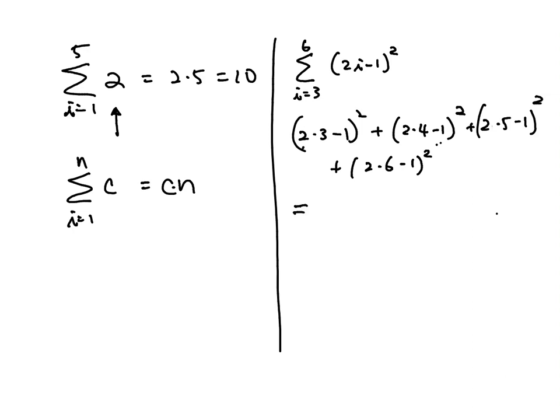So 2 times 3 is 6, minus 1 is 5, 5 squared is 25. 2 times 4 is 8, 8 minus 1 is 7, 7 squared is 49. 2 times 5 is 10, 10 minus 1 is 9, 9 squared is 81. And last term, 2 times 6 is 12, 12 minus 1 is 11, 11 squared is 121. So essentially this is 25 plus 49 plus 81 plus 121, which is 276.